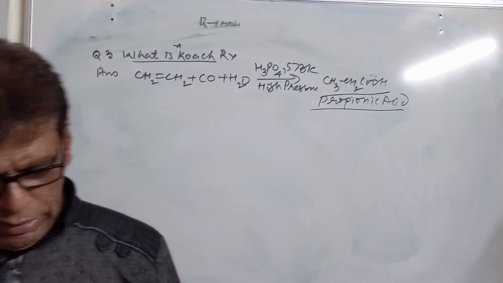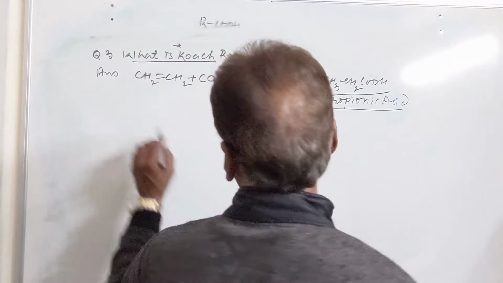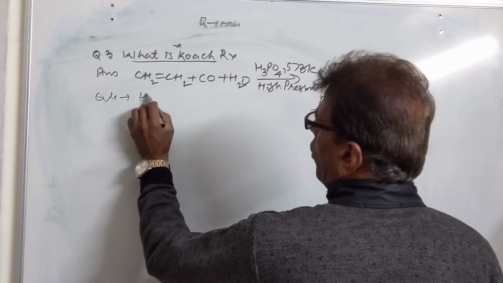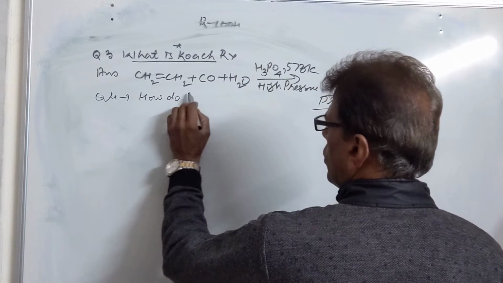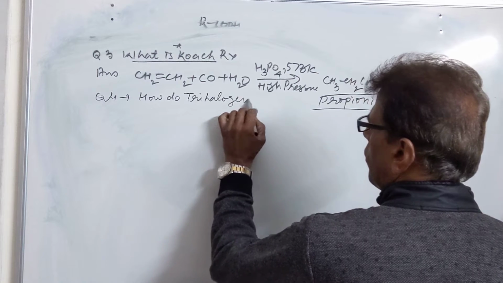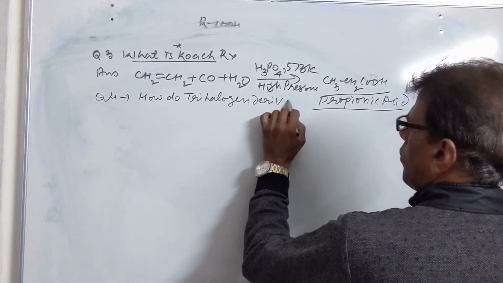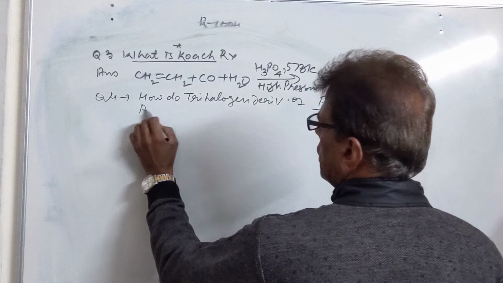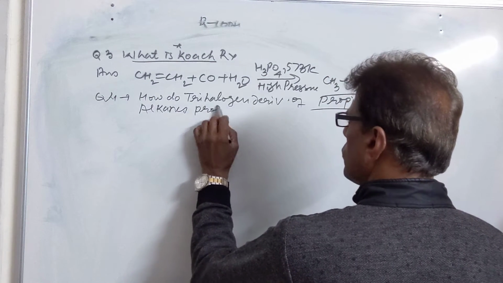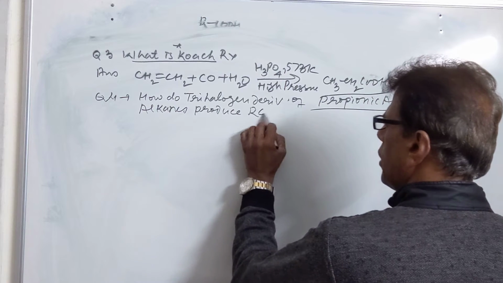Then we can get carboxylic acid from trihalogen derivatives of alkanes. How do trihalogen derivatives of alkanes produce carboxylic acid?